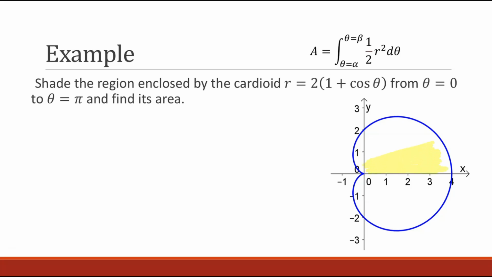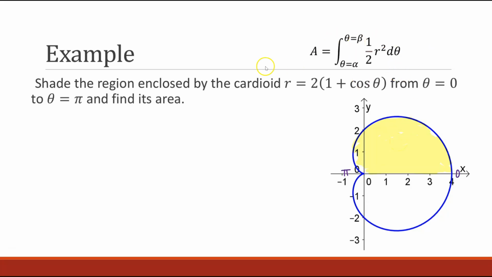So we're looking at shading the region from theta equals 0 to theta equals pi. So theta equals 0 is on the positive x-axis, and then pi is on the negative x-axis. And so we are extending from 0 to pi, moving along our polar curve. So this is the region that we want to find the area of.